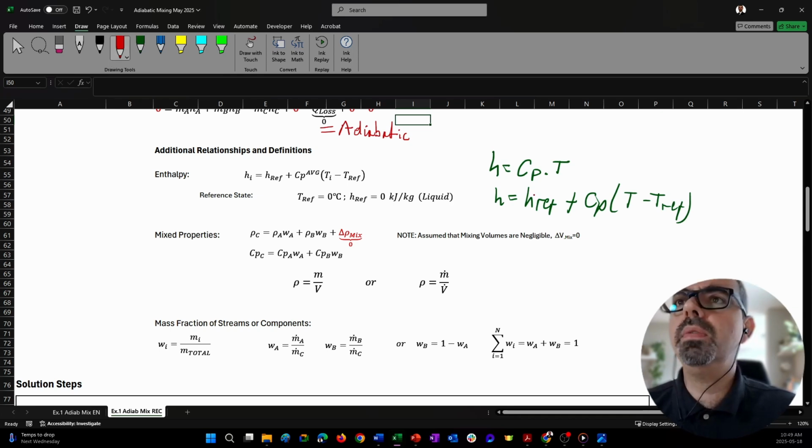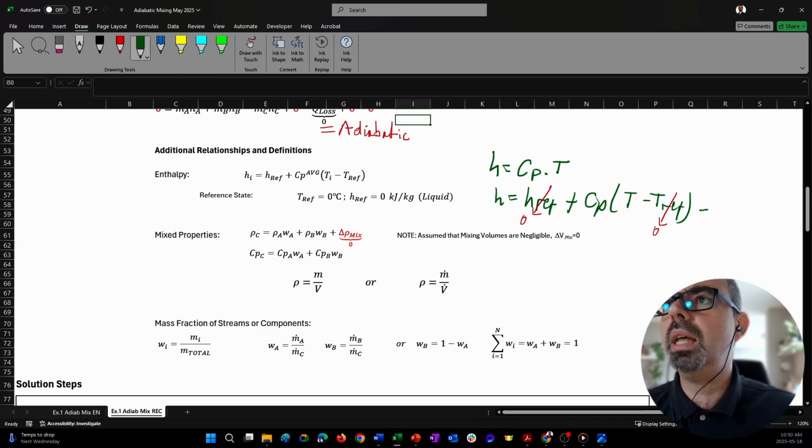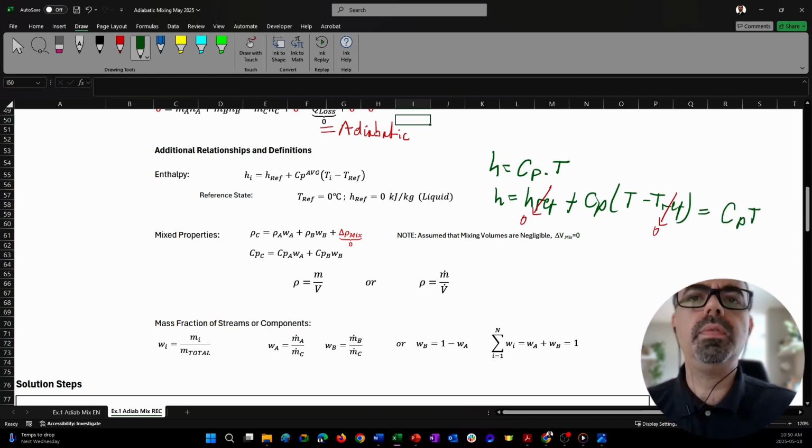Then if I put the values corresponding to the reference as zeros, then we get this final equation of Cp times T. And that's the reason why this equation can be valid only if we clearly state these assumptions of the reference state of 0 Celsius and 0 kilojoules per kilogram.